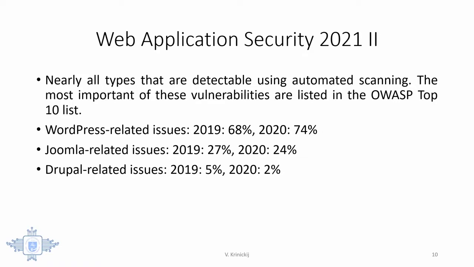The amount of vulnerabilities presented for this particular CMS does not change. Of course, others also have vulnerabilities, but they are significantly lower in percentage. And as you can see, Drupal has the smallest percentage in the vulnerability count for last year.